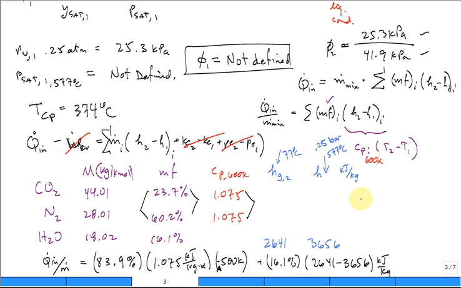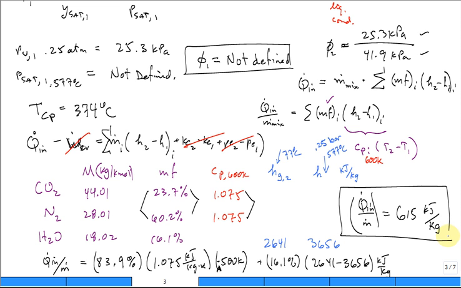And the final answer, Q dot_in per m dot, comes right at 615 kilojoules per kilogram. Make sense? You follow that? All right, ready for another problem?